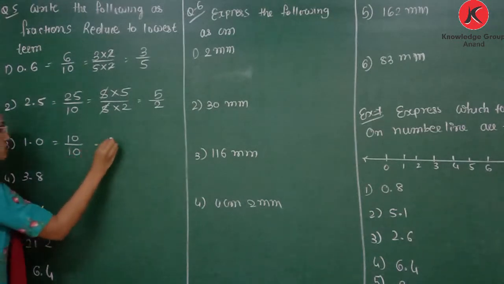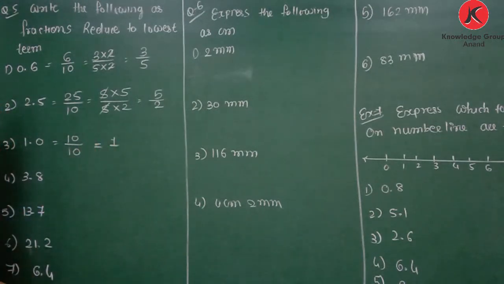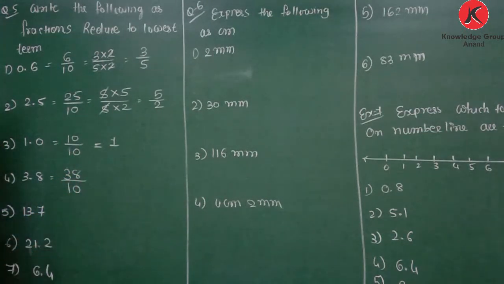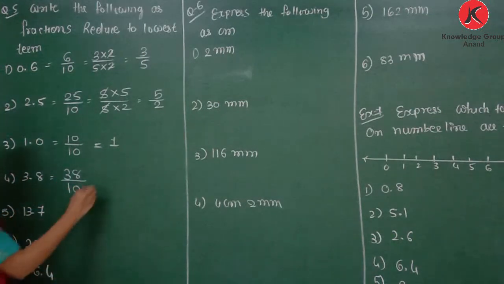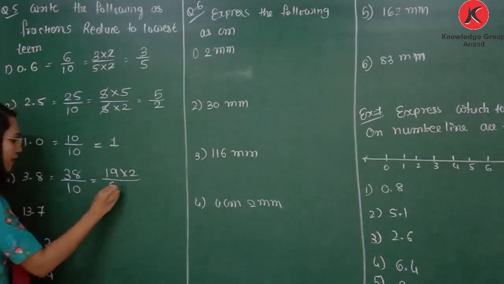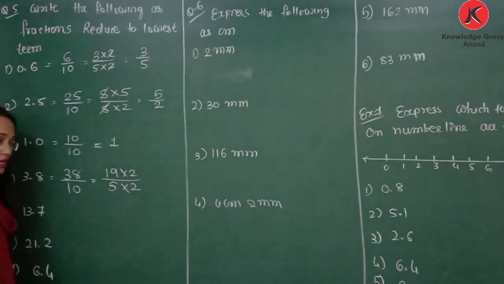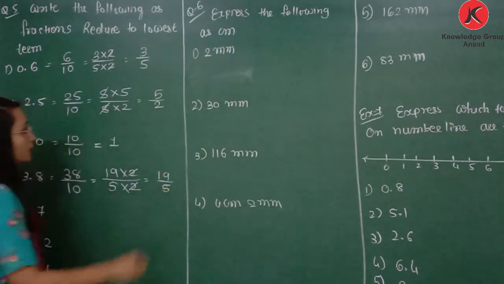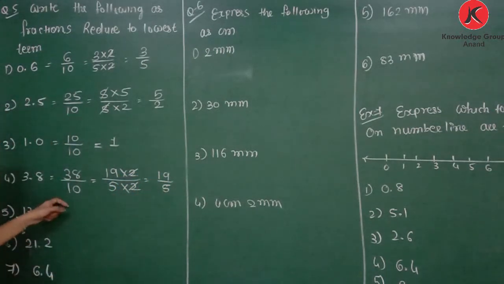Now 10 by 10 is what? 1. Now next one, 3.8. So 3.8 as a decimal fraction can be written as 38 by 10. Now find the factors of 38. 19 2s are 38 and 10 is 5 2s. So 2 cancels. So 19 by 5, that is a fraction in the simplest form.